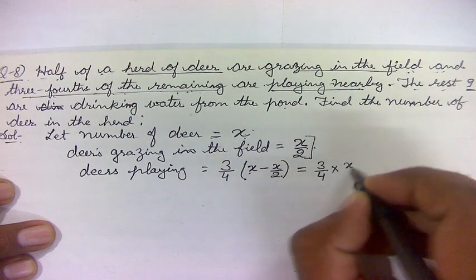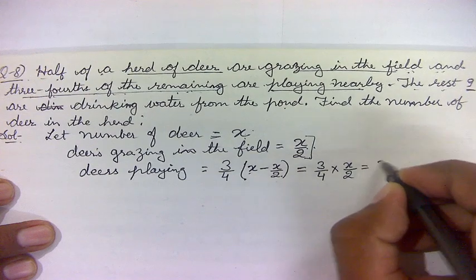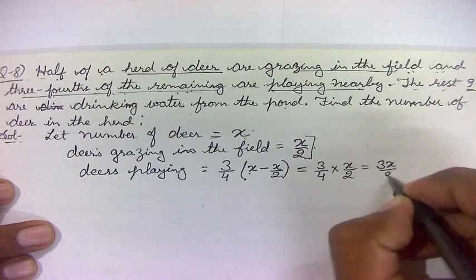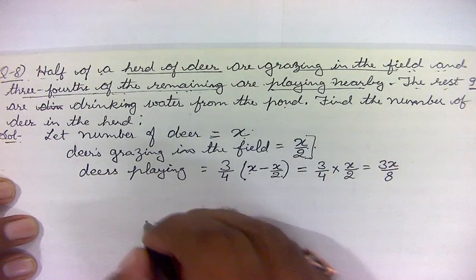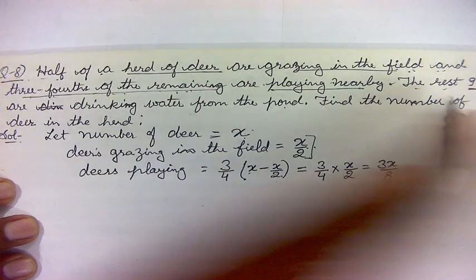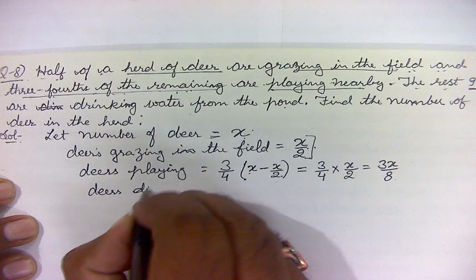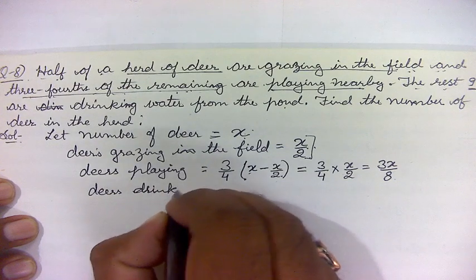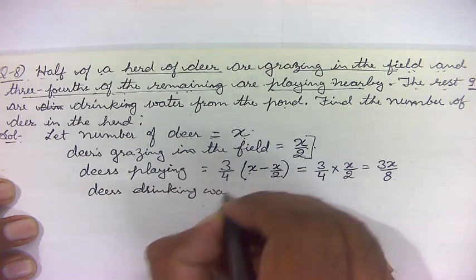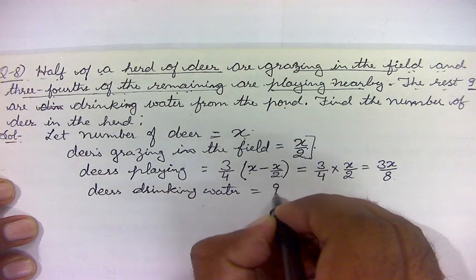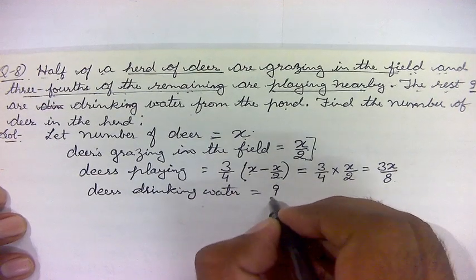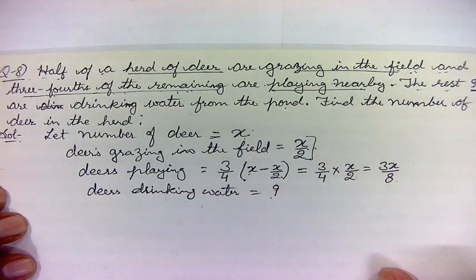So 3/4 multiply x upon 2 is 3x upon 8. So these many deer are playing, and the deer drinking water are 9 in total.